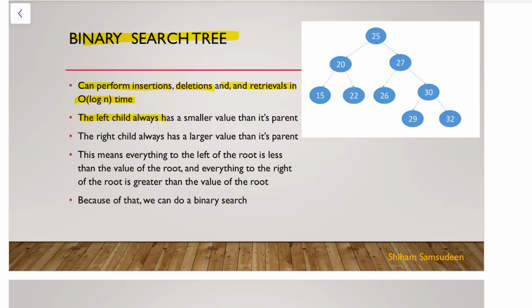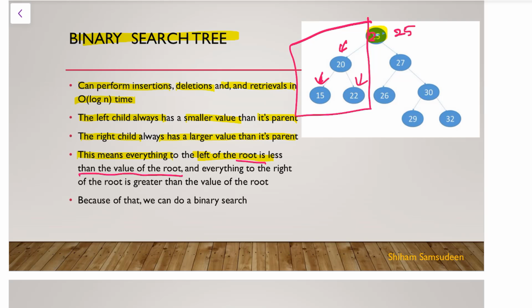So the left child always has a smaller value than its parent. The right child always has a larger value than its parent. This means everything to the left of the root, this whole thing to the left of the root, is less than the value of the root. As you can see, the root value is 25, so all of these are less than 25.